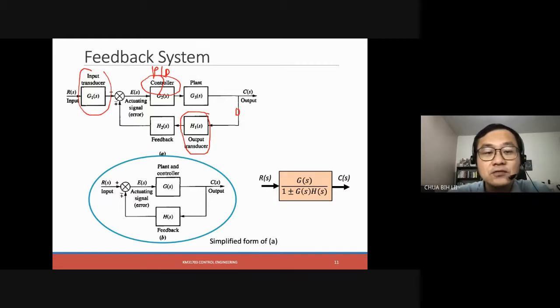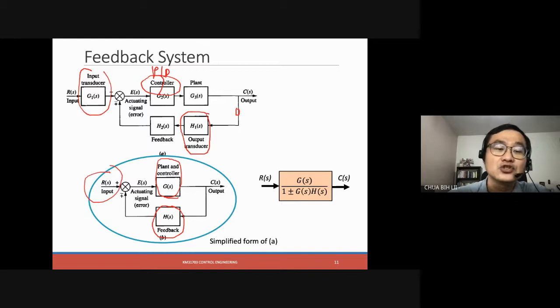From here, if we see this is a cascade, we can combine it. So this is the H, this is the plant G. When combined together, we just assume this is R. We simplify everything, and in this form we can further simplify it. This depends on the plus or minus over here.